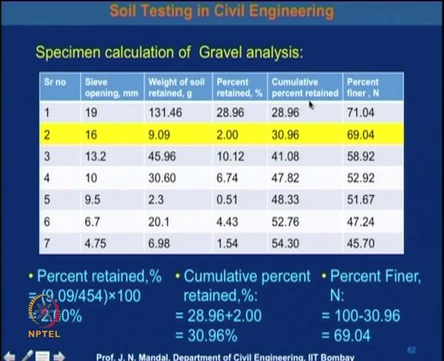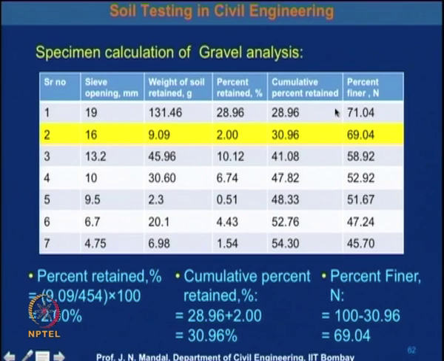Then you calculate the cumulative percentage retained: 28.96, 30.96, 41.08, 47.82, 48.33, 52.76 and 54.30.